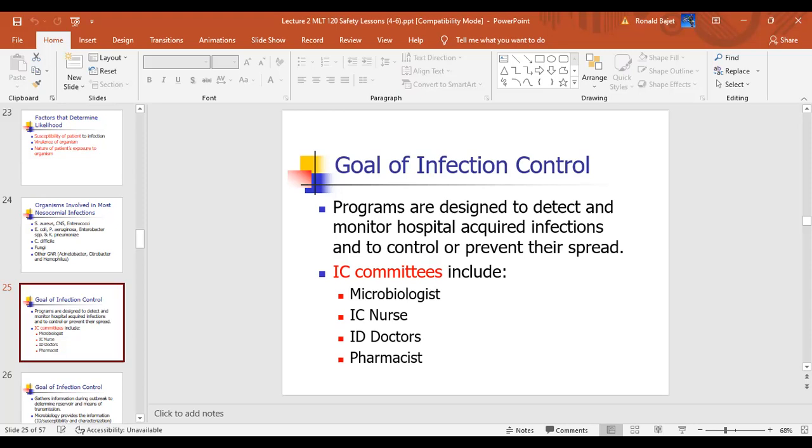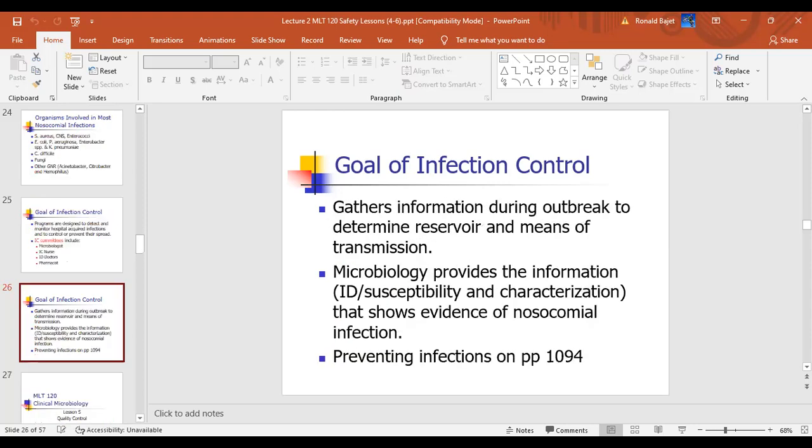Okay, the infection control committee is gathering information during an outbreak. If you keep an eye on what's been going on with COVID, you can see how interesting it is how the availability of information actually changed. I think this whole thing is really political, because during one administration, the CDC and others were always reporting the death rates of certain organisms.